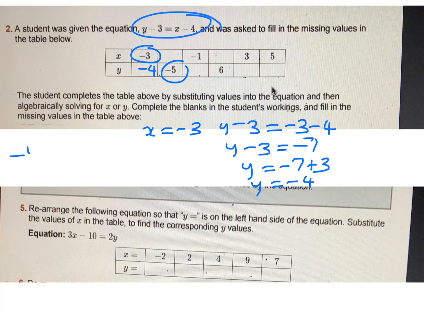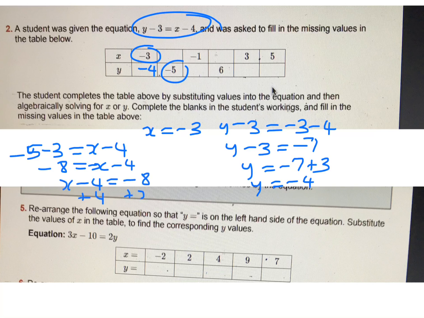So in place of the y, we put minus 5 minus 3 is x minus 4. Minus 8 is x minus 4. X minus 4 is minus 8. Plus the 4, plus the 4. Minus 8 plus 4 is minus 4. So that'll be that.